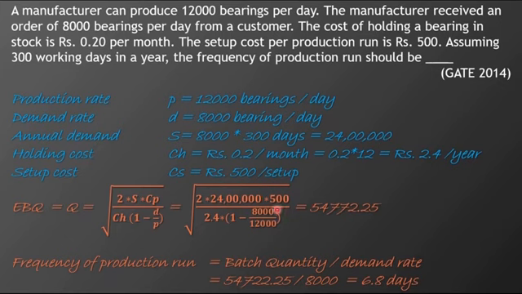Also it may ask for the maximum inventory that we calculated last time, that is (P minus D) into Q by P. In this way we can solve various questions of the manufacturing model.